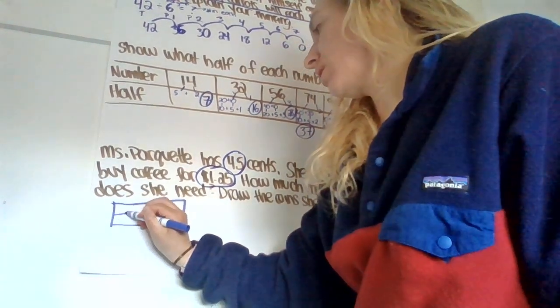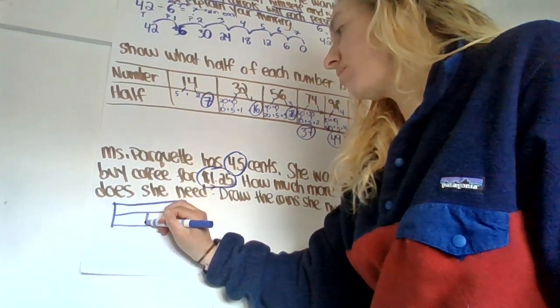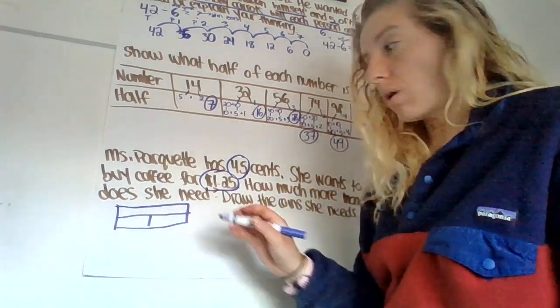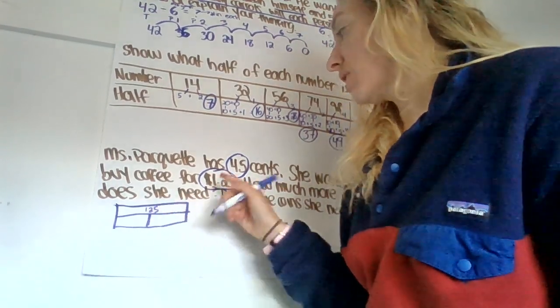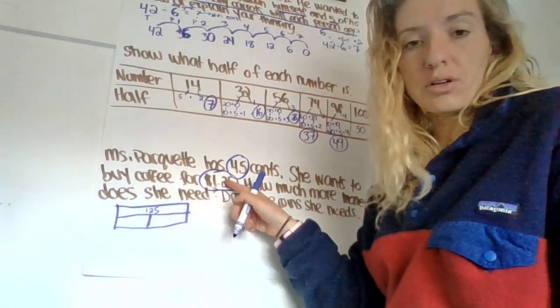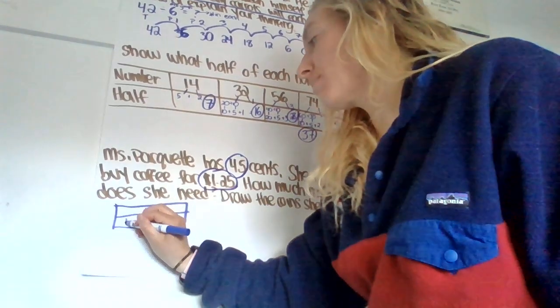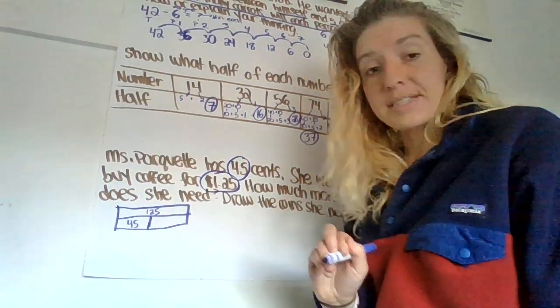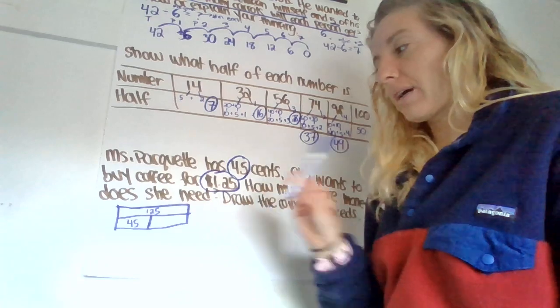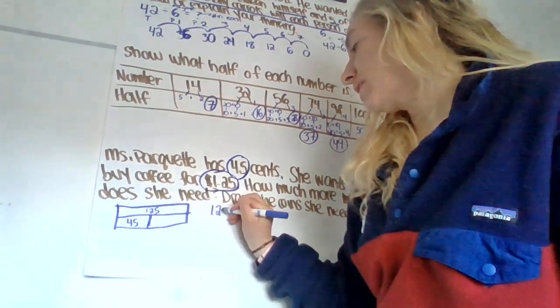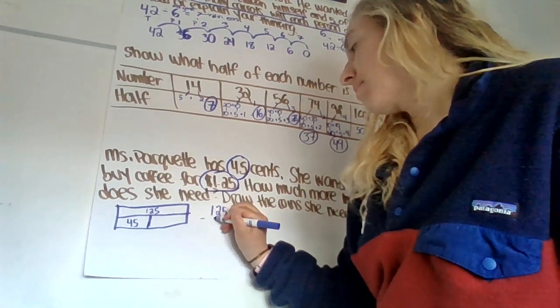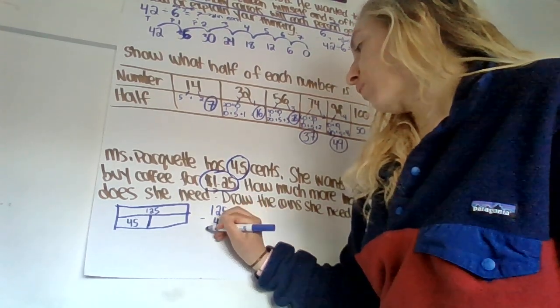Okay, the money she needs altogether is 125. I'm just going to write 125 because I know $1.25 is really just 125 cents. Now, the money she has now is 45 cents. What do I need to do to figure out the missing part? I need to subtract. I need to do 125 minus 45.